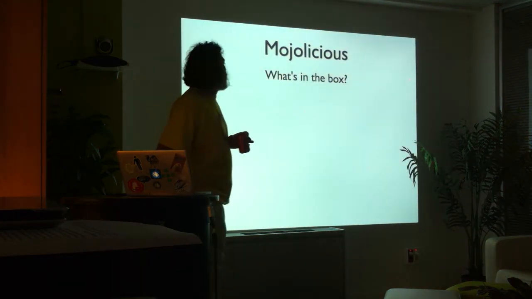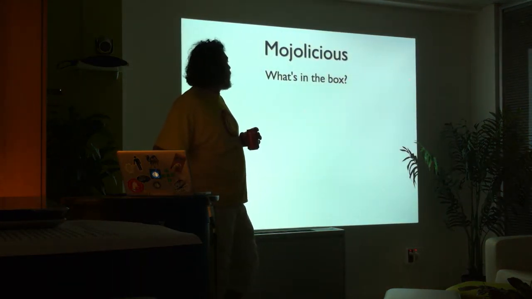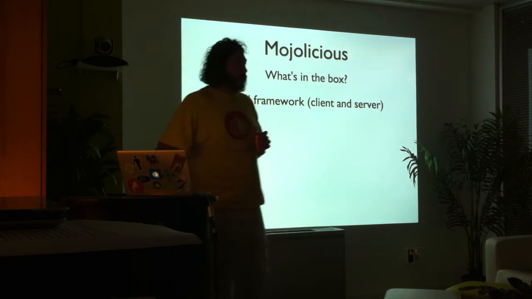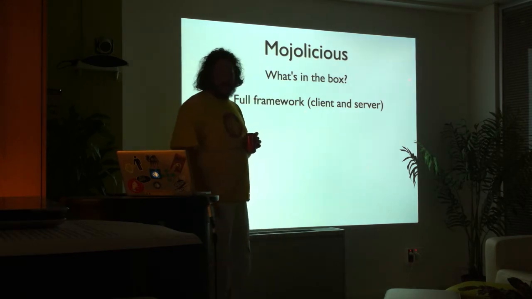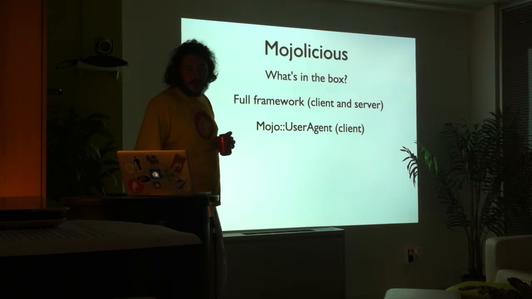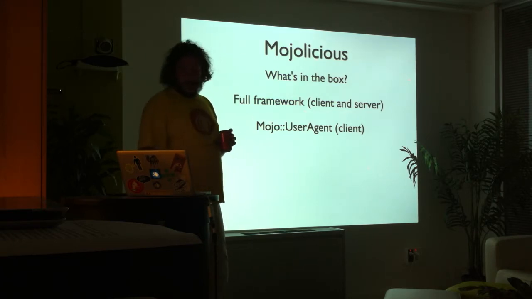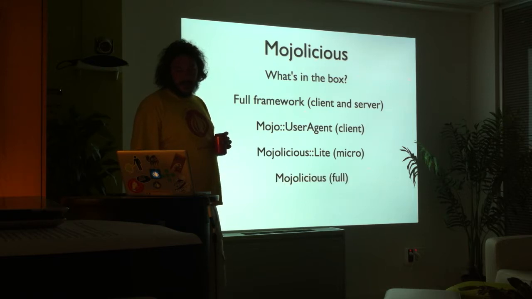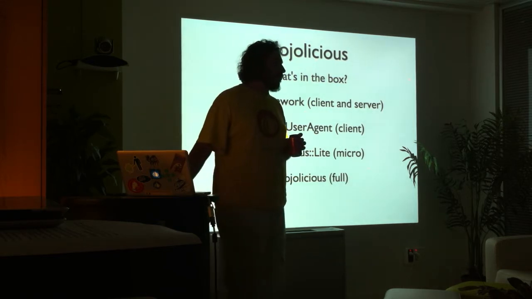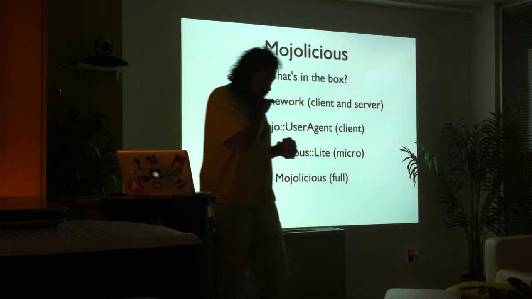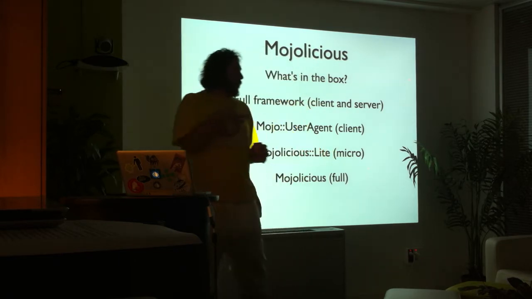So Mojolicious is a full web framework. It is client and server, not only an MVC framework. It has Mojo::UserAgent, which is an asynchronous client, and also has Mojolicious::Lite and Mojolicious. Mojolicious::Lite is just a little code on top of all the framework.